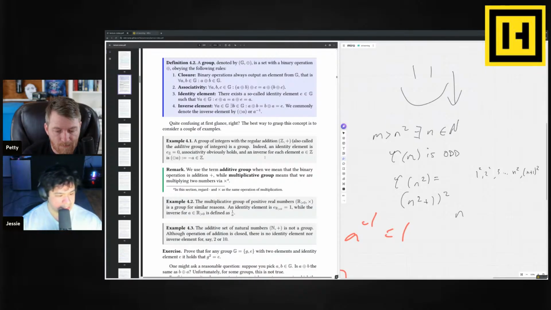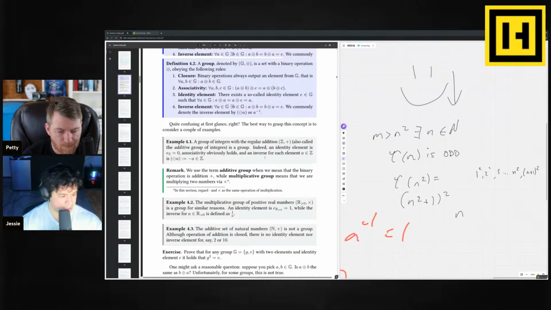Indeed, the identity element E sub Z, where Z is the integer set, is equal to 0. Associativity obviously holds, and an inverse for each element A in the integer set Z exists.